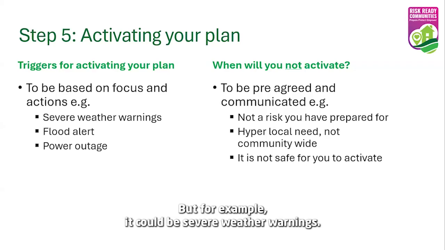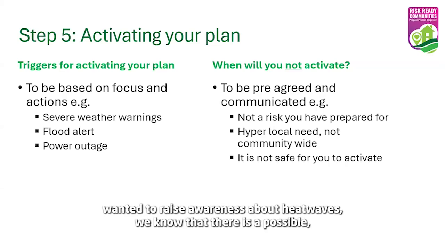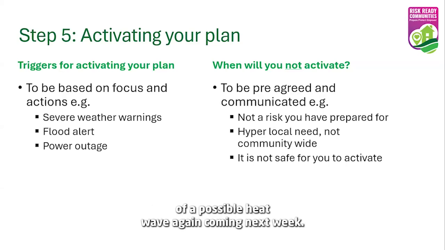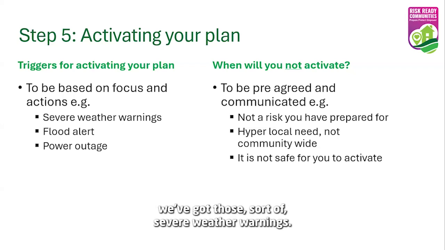But for example, it could be severe weather warnings. If you had a community response plan that particularly wanted to raise awareness about heat waves, we're starting to get the early warnings of a possible heat wave coming next week. That would be a possible point where you go, okay, we've got those severe weather warnings.